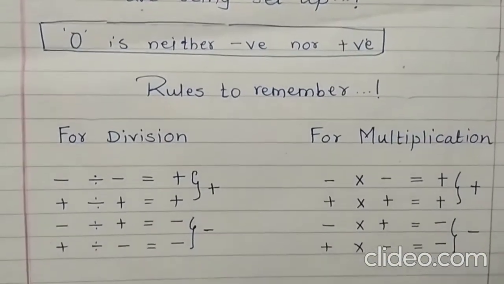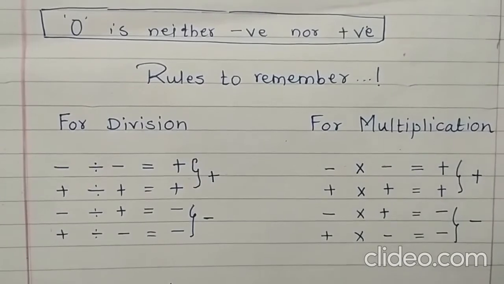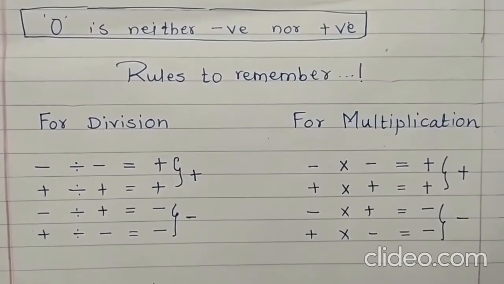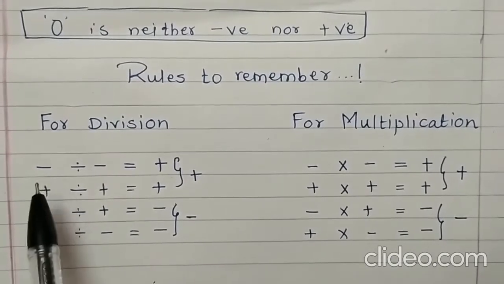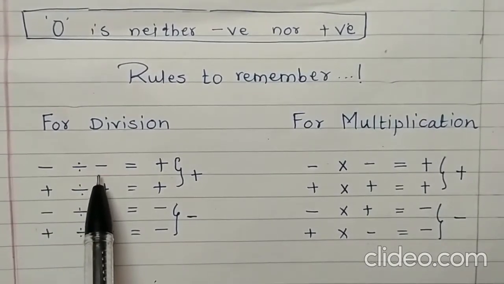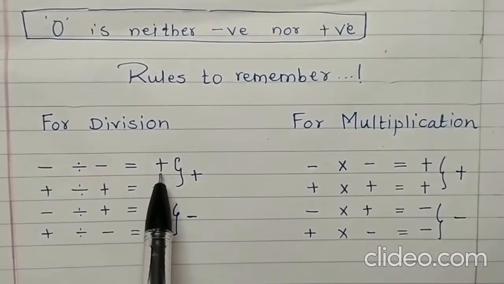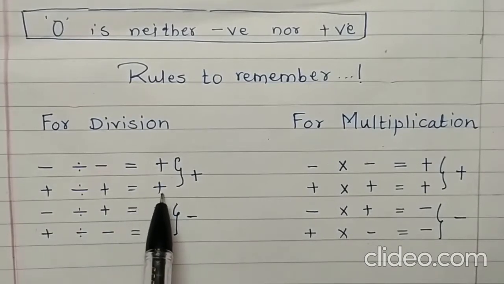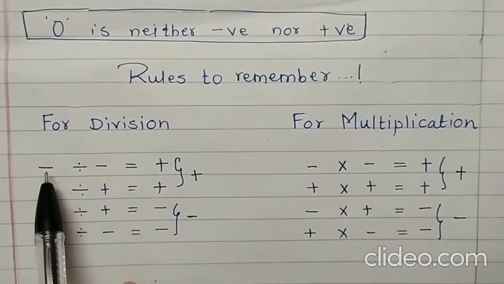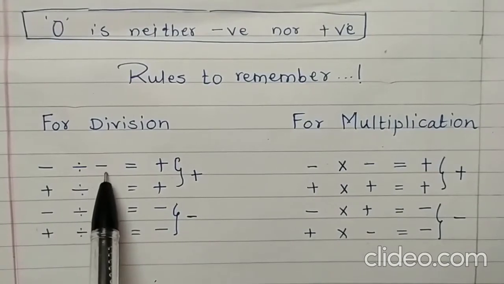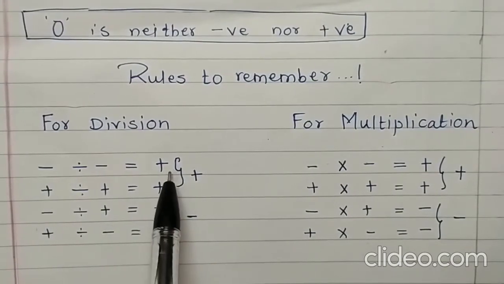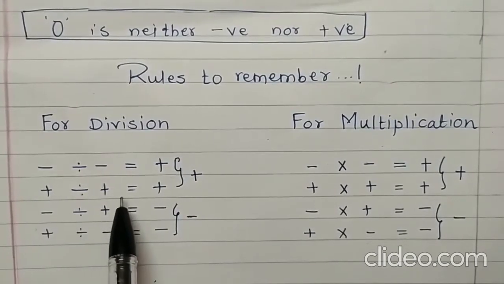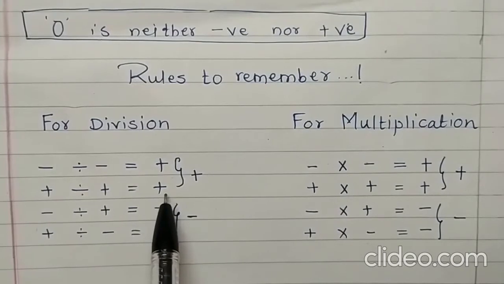Now let's remember some rules regarding the division and multiplication of integers. For division, two negative signs give a positive result and two positive signs give a positive result. That means minus divided by minus is positive, and plus divided by plus is also positive.